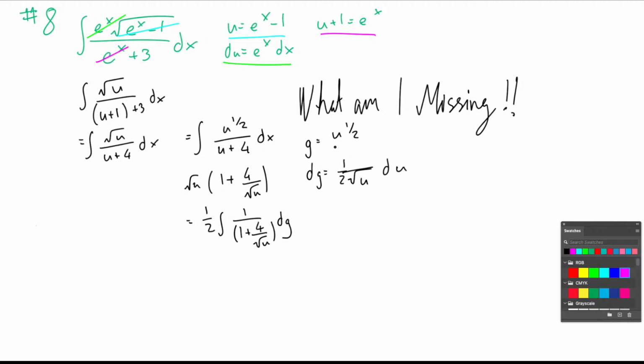But then g equals u to the 1/2. So I don't even know if this is valid math, but you can do that.